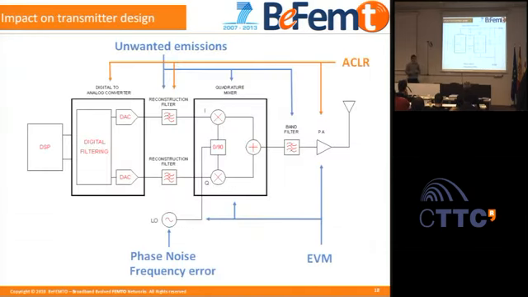In this slide, I present the basic scheme of a transmitter. This is a direct conversion transmitter, which is the most common architecture used for mobile and cellular devices. In this transmitter, you can find the digital to analog converter, which produces the baseband signal. This baseband signal is delivered to a mixer that translates it directly, with the help of the local oscillator, to the RF carrier.